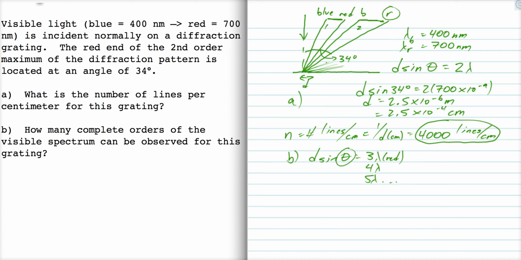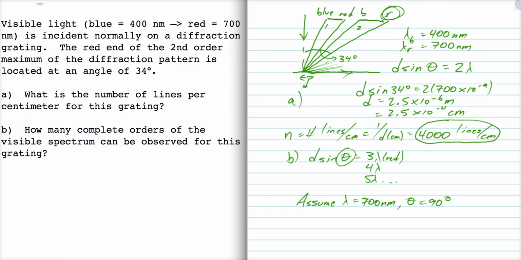A simpler way to do this would be, let's assume that we're dealing with the far end of the spectrum here, the red light. So assume lambda is 700 nanometers, and let's let theta equal 90 degrees. Okay, so let's find out which order we're at where the angle is 90 degrees.